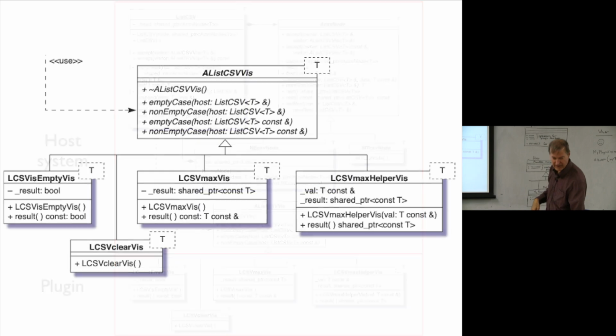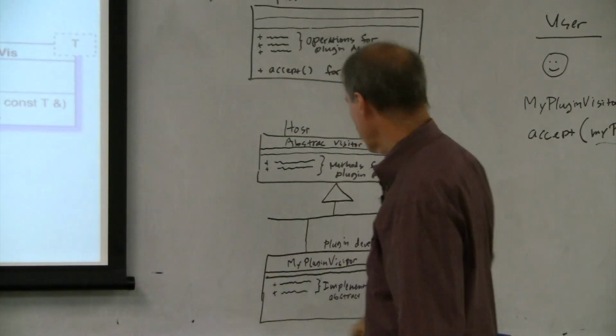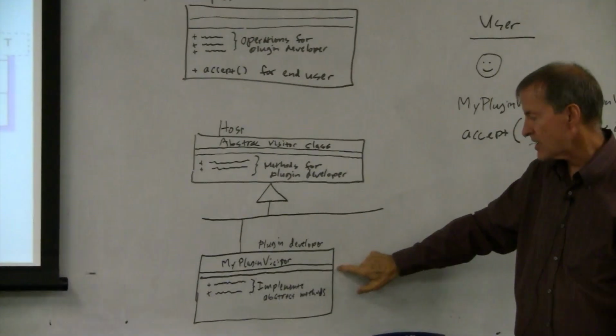All right, and then here's a close-up of the abstract list CSV viz class. Basically we have an empty case and a non-empty case, and then the plugin developers subclass their plugins from this abstract visitor class. Now remember what we said about the attributes?